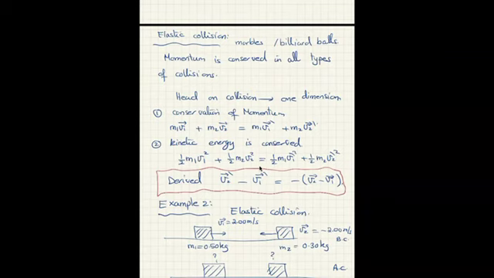These are really considered to be elastic collisions. Momentum is conserved in all types of collision, not only in elastic. There is one type of collision we call head-on, which is the one I'm going to discuss now, when the centers of mass are on the same straight line. This one we call a head-on collision.